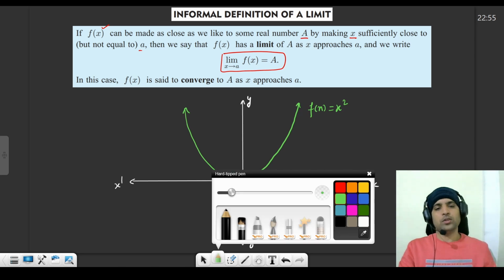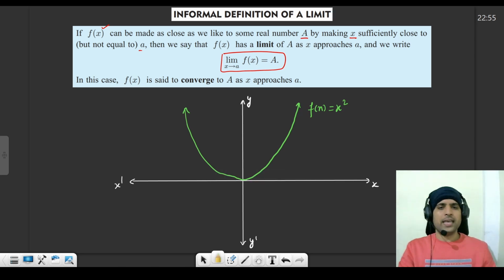Now what is happening when x was reaching 2? Suppose here we have 2, and here we have 4. So let this be 2 and this be 4. So this point is (2, 4), right?